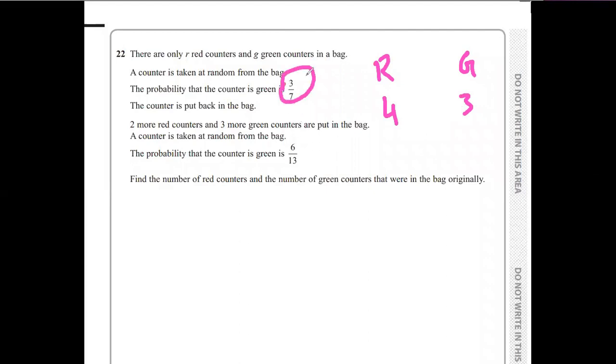Yeah, but it's 3 out of 7, which is not 4. Yes, I know that this is the probability, but it could also be maybe 30 out of 70. They simplified to 3/7. It could be 6 and 8. Okay, it could be any multiple of 3 and 4.